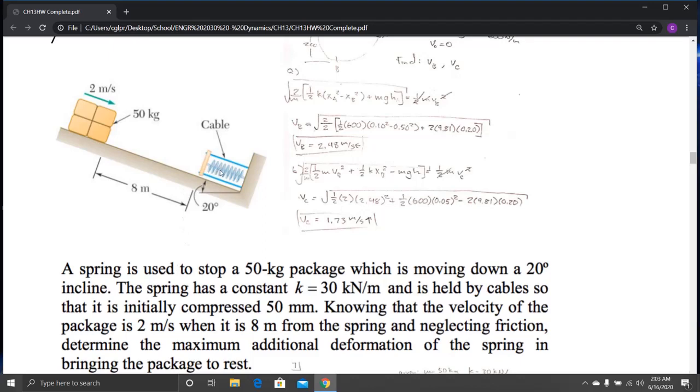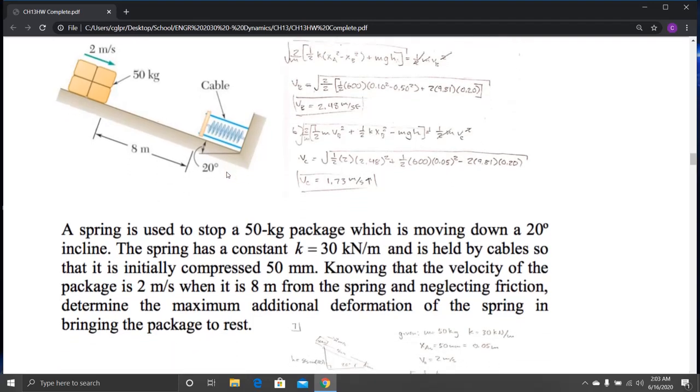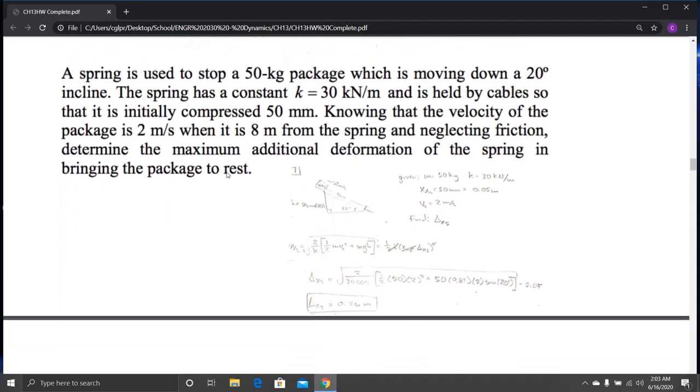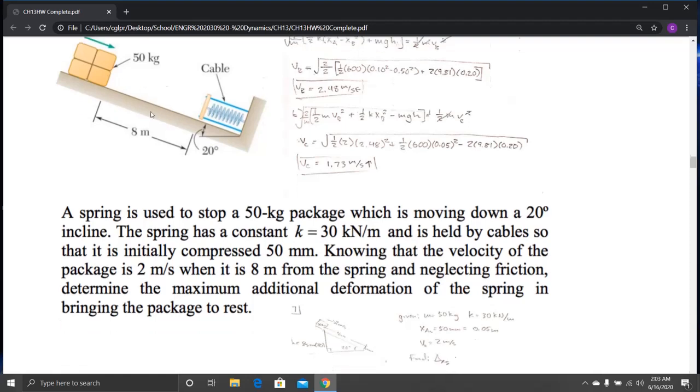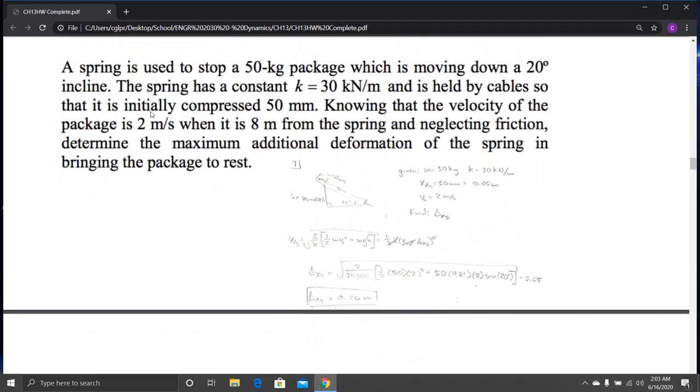First, the spring is going to compress, then it's going to expand and compress and expand until it's brought to equilibrium, which I'm not finding here. I'm not finding the distance at the equilibrium point. I'm finding how far it's going to compress when it's absorbed all the energy. So that's something to look at and think about some more.